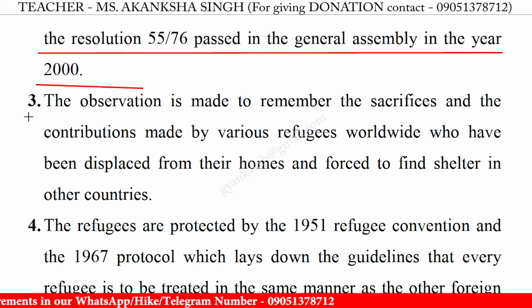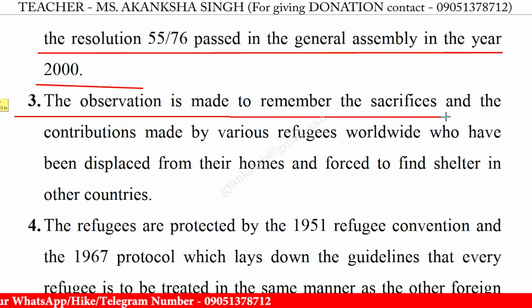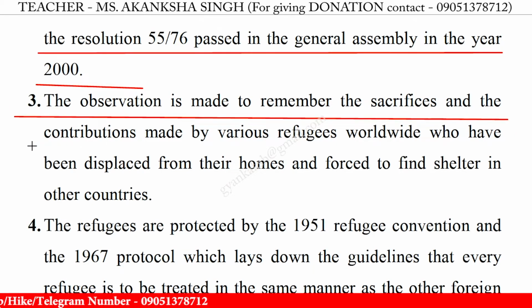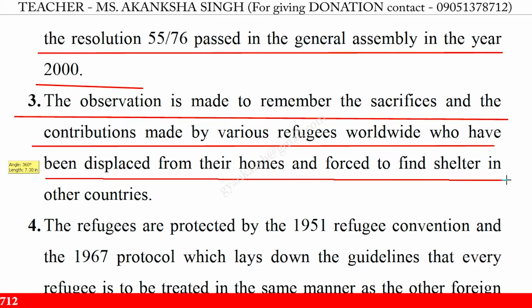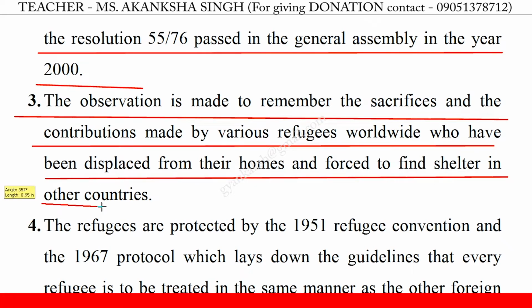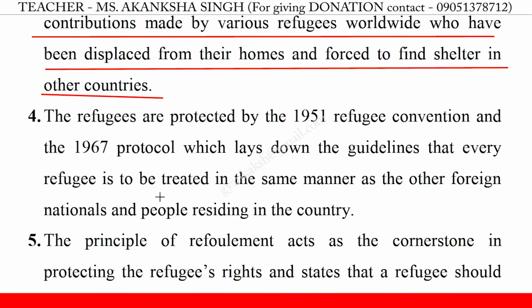Number 3. The observation is made to remember the sacrifices and the contributions made by various refugees worldwide who have been displaced from their homes and forced to find shelter in other countries. Number 4.